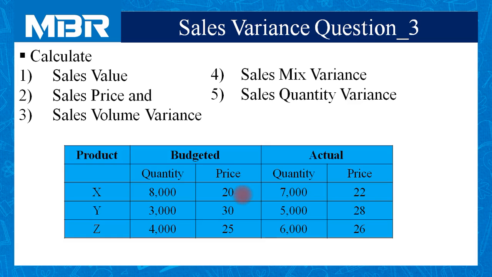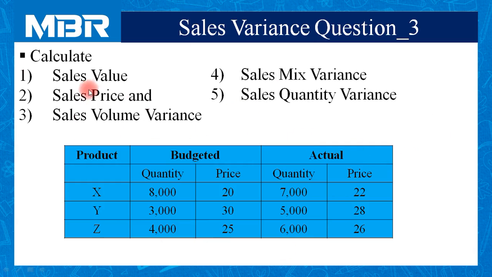Whereas in the actual part, 7,000 units are given for product X, 5,000 for product Y and 6,000 for product Z. Actual price charged by the company is rupees 22 per unit, rupees 28 per unit and rupees 26 per unit.